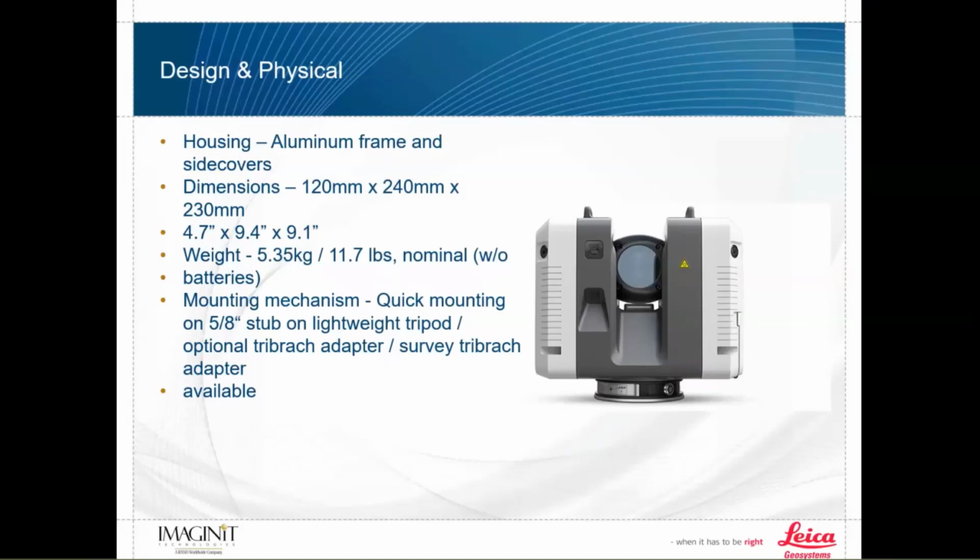If you remember carrying the aluminum metal lunch boxes to school when we were younger, it's about that size. It's not much bigger than that. It does weigh a little bit more, but with the 2 batteries, it weighs in about 11 pounds. So that's about 9 pounds more than the BLK, but it does a lot more than the BLK.